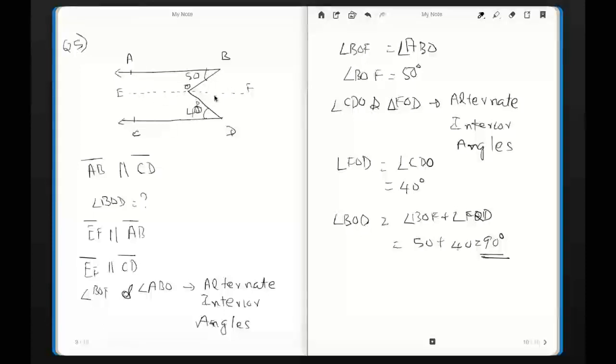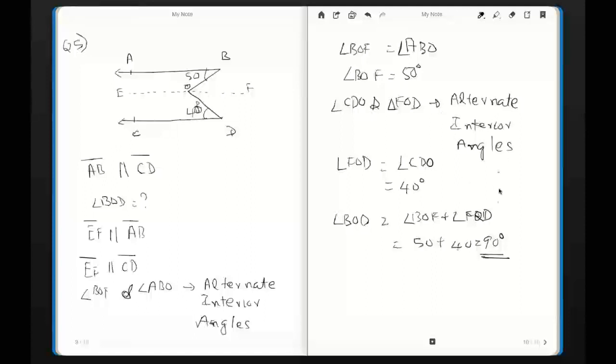If I didn't draw that, I wouldn't have been able to do this. It's not necessary to just live with the diagram given. We may add a parallel line or a perpendicular line to start applying the principles you learn to solve the problem. So here is one example where I've done that.